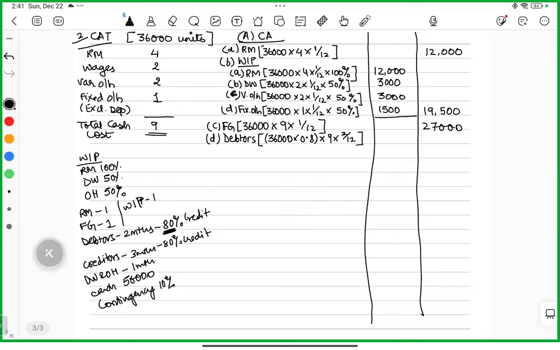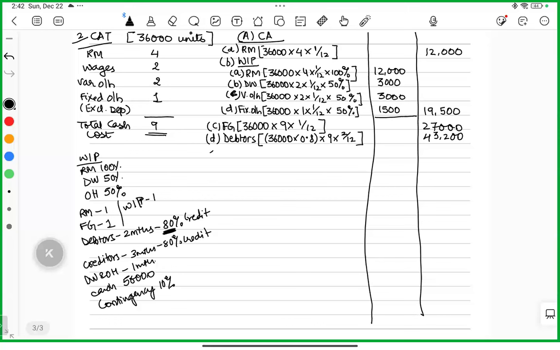So your money will be stuck for 2 months. So 36,000 into 0.8 will give you the units of credit sale. Into 9 will give you the amount that you have invested for debtors throughout the year. But this amount is recoverable in 2 months. So your money gets blocked up only for 2 months. So into 2 by 12. So your investment in debtors at any given point of time is 43,200. Right?